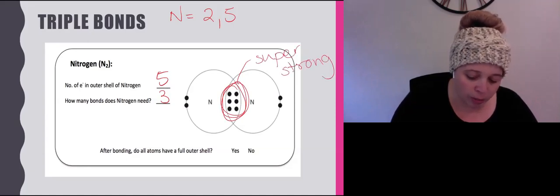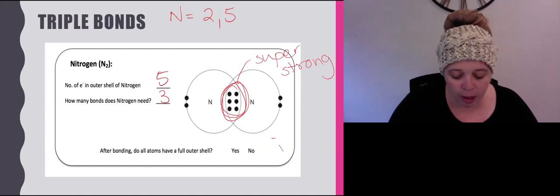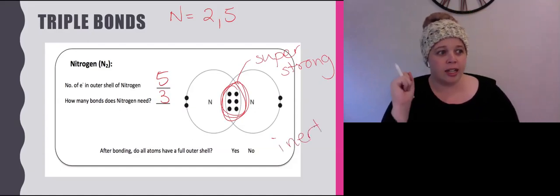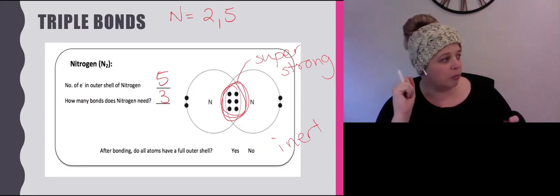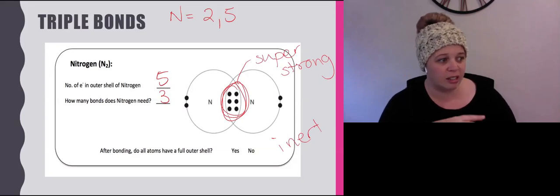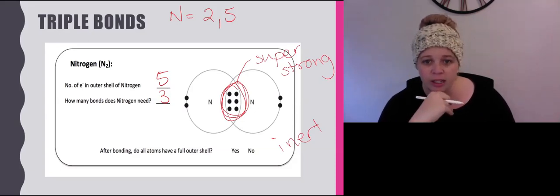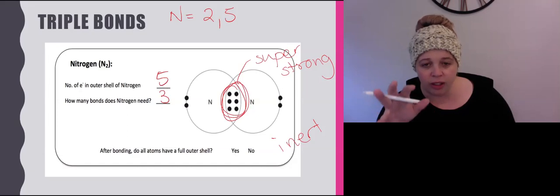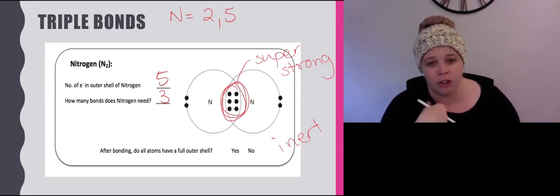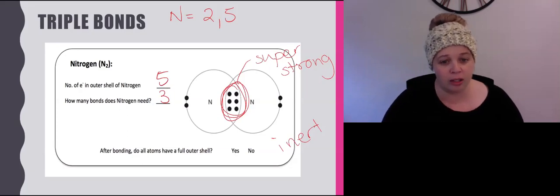If it's a super strong bond, what we end up with is a compound that is virtually chemically inert. Now, nitrogen gas is used often because it's not flammable. It's very good at suppressing fires and other kind of chemical things. It doesn't react with stuff, and that's because it's so happy with its triple bond. Why would it do any reaction whatsoever?